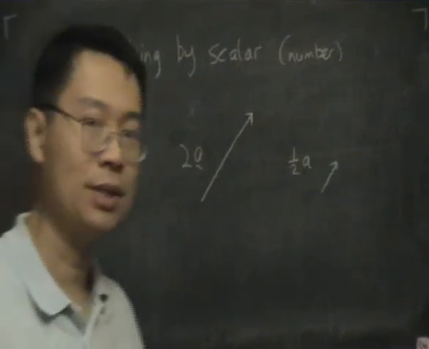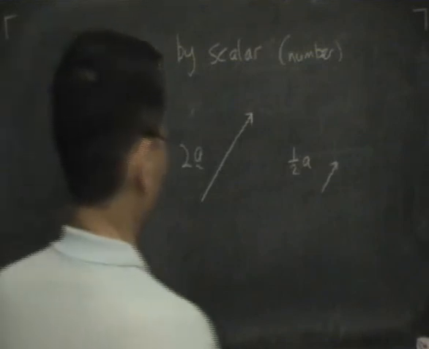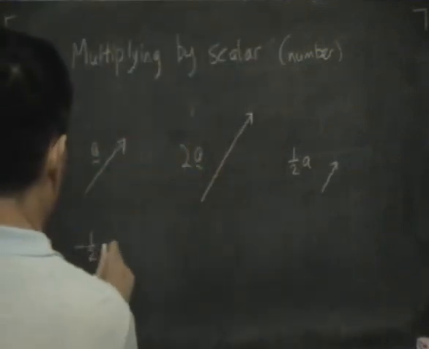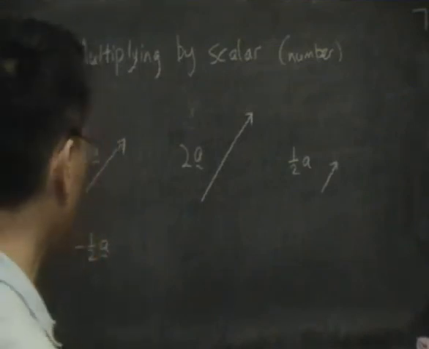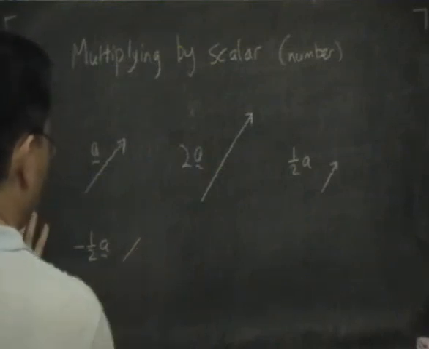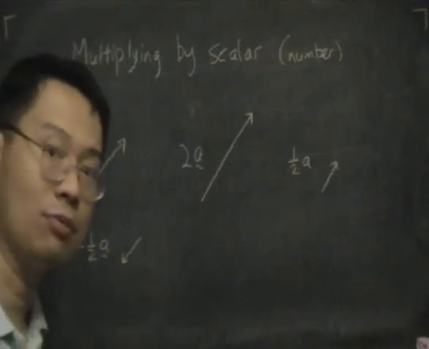Well, we know what's minus A, but what about minus half A? Minus half A would be a vector in the opposite direction of A because of the minus sign, but it will be half as long because of the half. So that's minus half A.